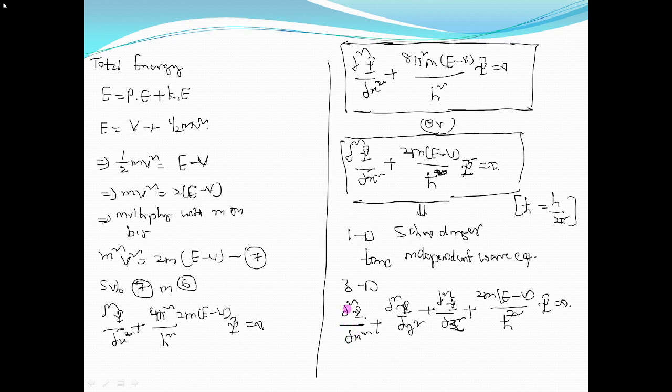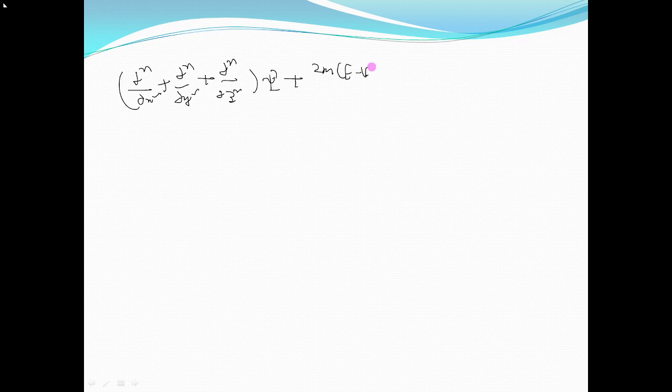So I can take psi common. I will take common as (∂²/∂x² + ∂²/∂y² + ∂²/∂z²)ψ + 2m(E − V)/ħ² ψ = 0.